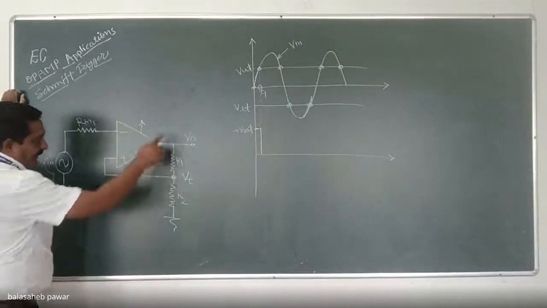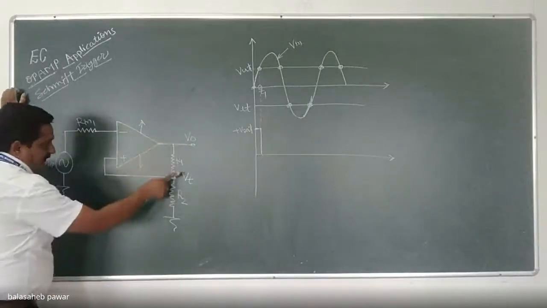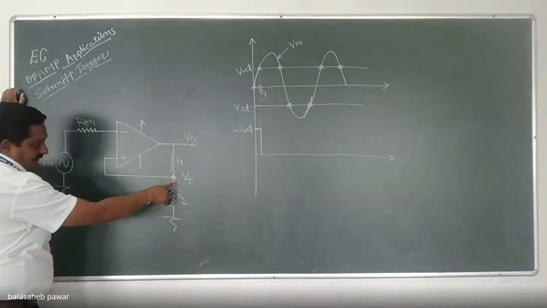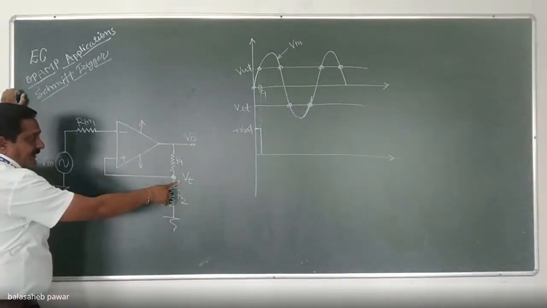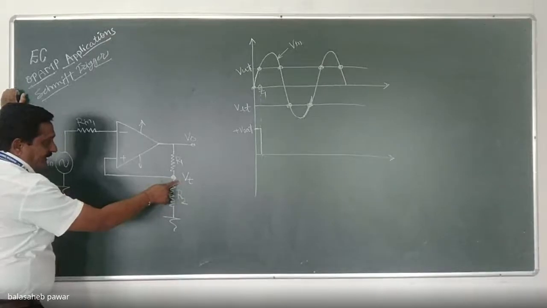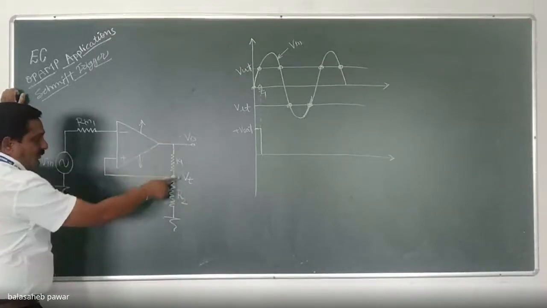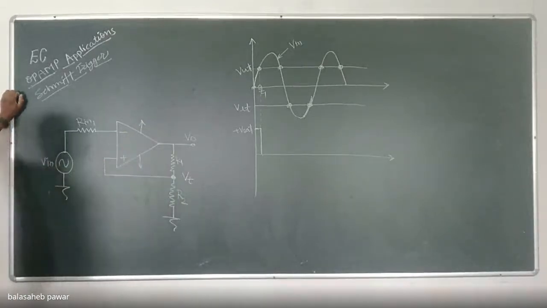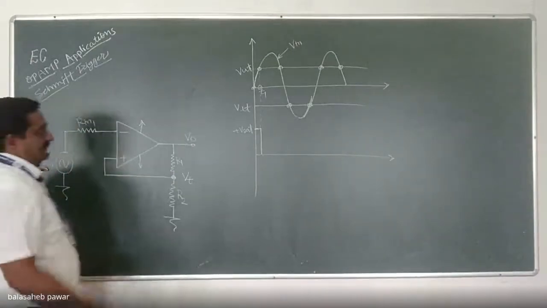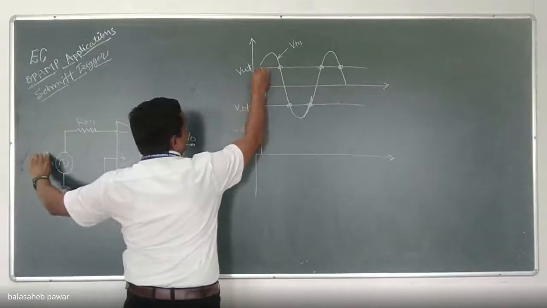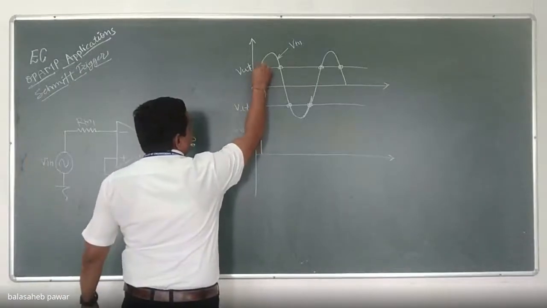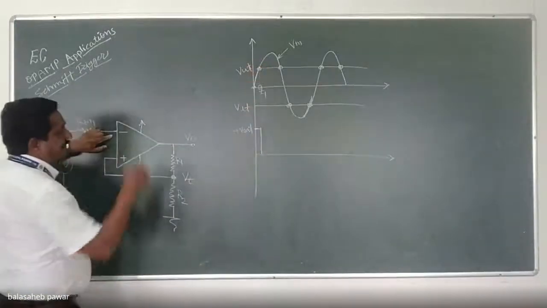So see, when that output goes to 0, this threshold voltage also will become 0, because what is the source for this Vt? Vo, and Vo goes to 0 at t equals T1. Now, the input is going positive. As it is time varying, it will be at some positive potential at t equals T1.